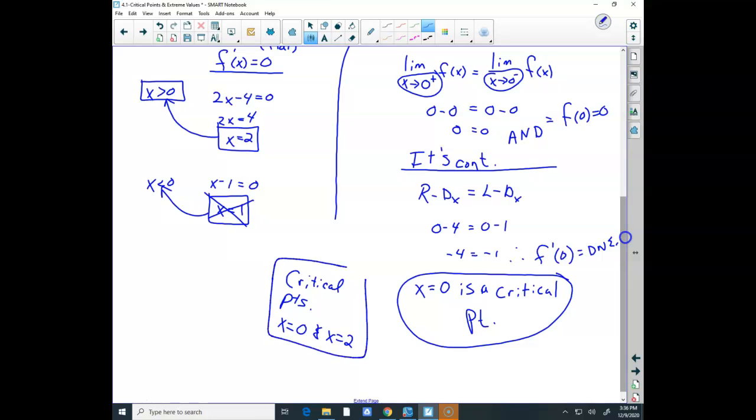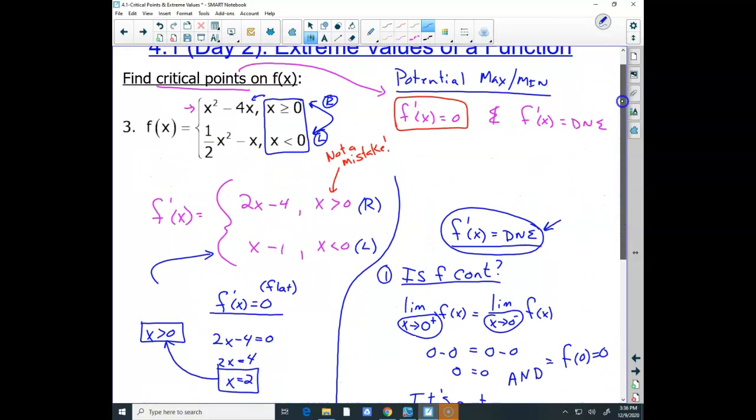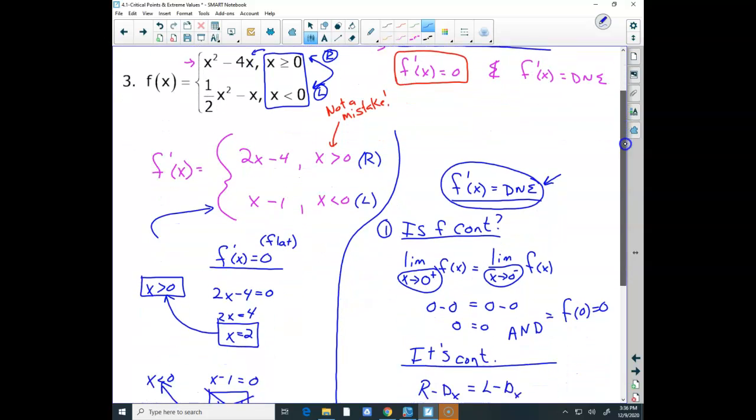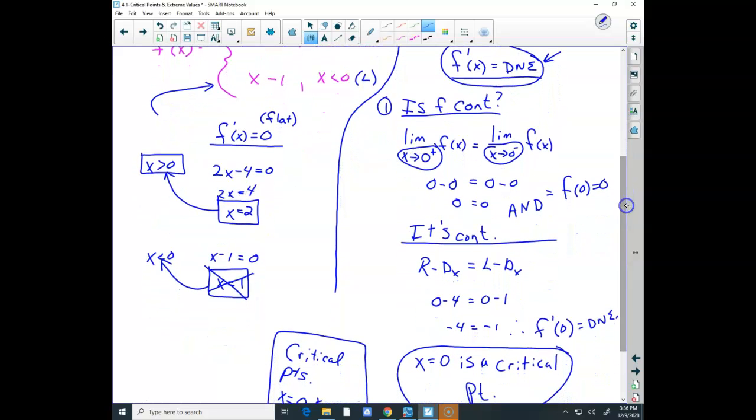And don't lose sight of what the question's asking. All this problem was asking us in the very beginning was to find the critical points of f of x. What we did is we found when the derivative equals 0, that's the easy part. But on a piecewise function, figuring out if the derivative does not exist is a whole thing.